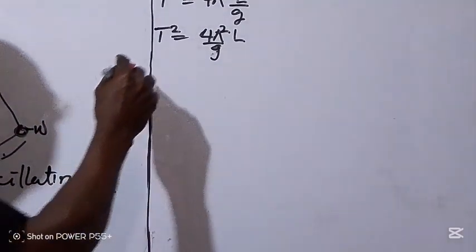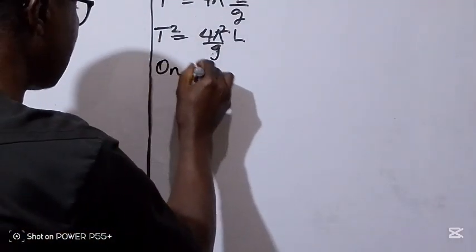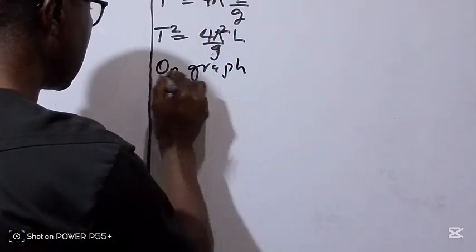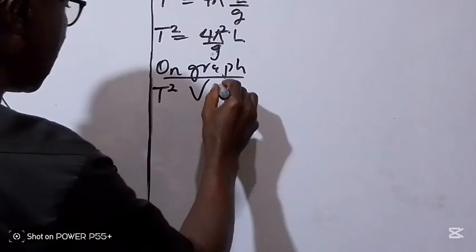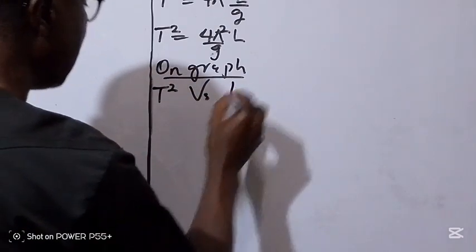On the graph now, if we plot the graph of T squared versus L, the graph will be a straight line graph, starting both axes from the origin 0, 0.